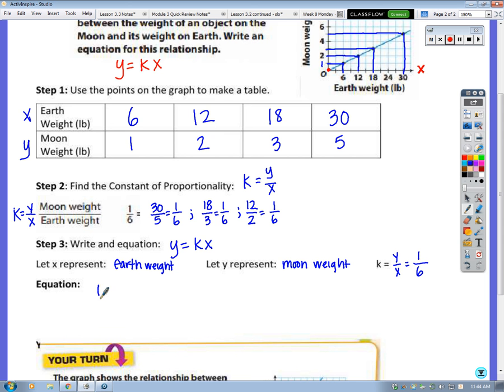So our equation, y equals k times x, we plug in that value of k into this equation, and we got y equals 1 over 6 times x. In this case, what these variables mean is the moon weight will be 1/6 times the Earth weight, or 1/6 of the Earth weight will give you the moon weight.